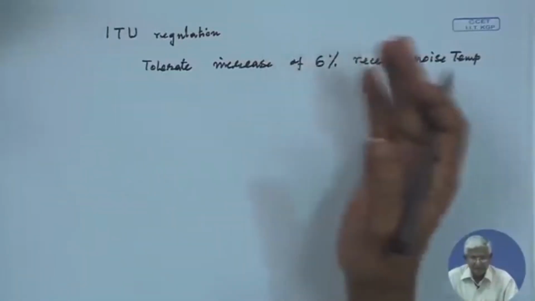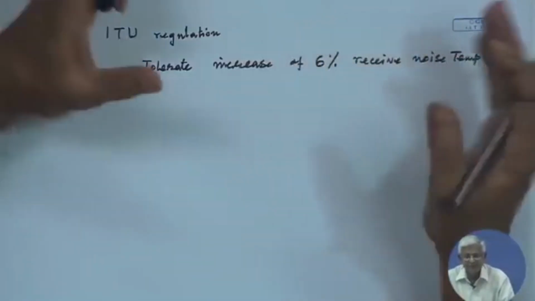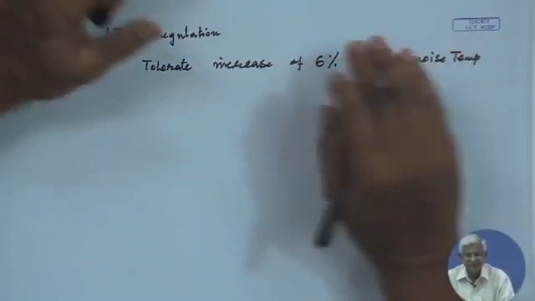That is the tolerance. You have to live in a society, so you have to tolerate some people. There should be some toleration limit. This is the limit given by ITU: the single entry limit of interference should be tolerated up to 6%. Everybody has to agree on that, because they are sharing.